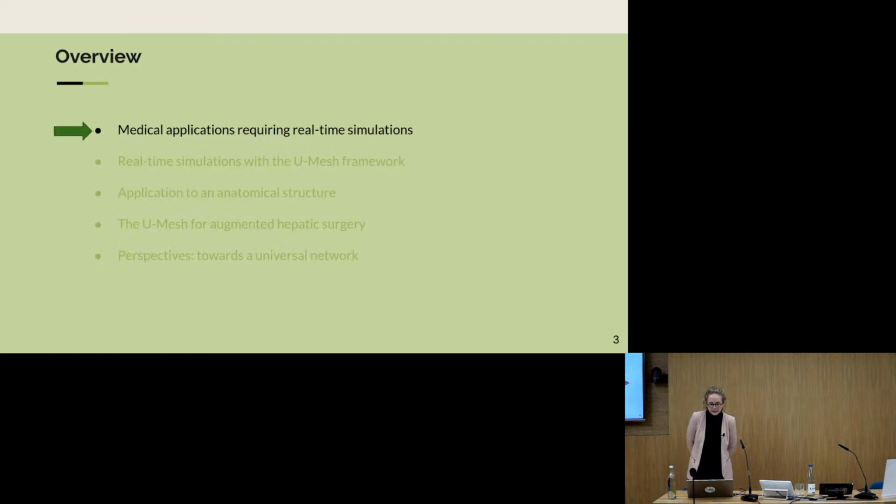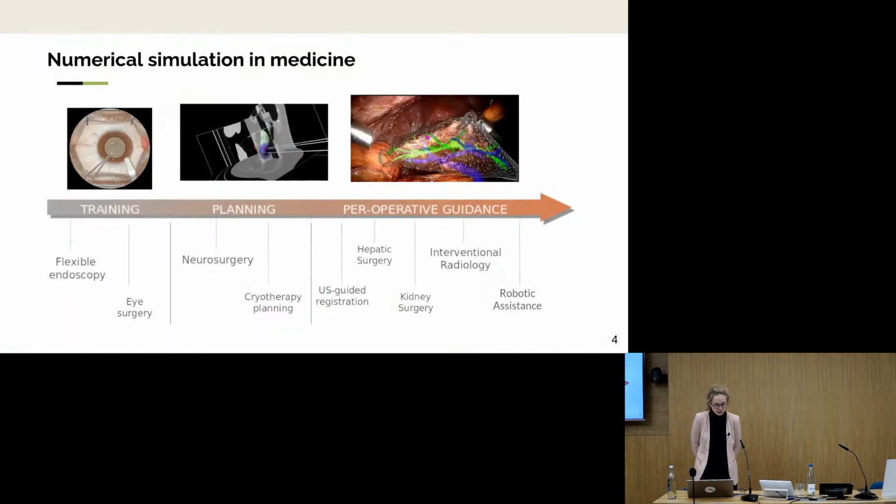In the medical field, there are plenty of applications requiring numerical simulations, going from surgical training to intraoperative guidance with augmented reality. In such simulations, several quantities may come into play, such as the temperature in cryotherapy planning or the electrical response of tissues in neurosurgery.